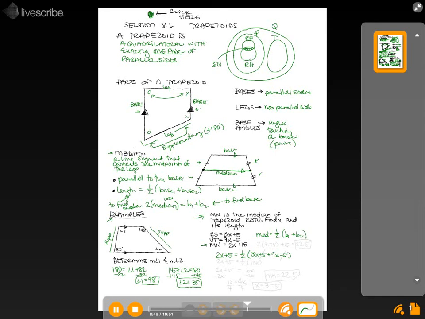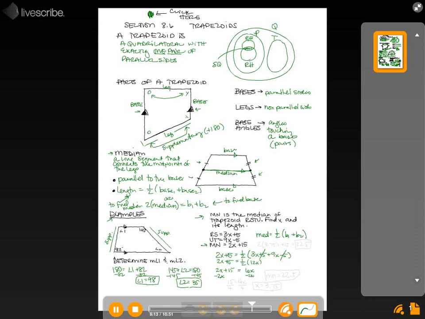Okay, now we're going to simplify it. 2x plus 5 doesn't change, equals 1/2 times, well, our 5's cancel, and then 3x plus 9x is 12x. We'll keep going here. Half of 12x is 6x. So now 2x, and I wrote down 5, it should be 15. That's my mistake. 2x plus 15.